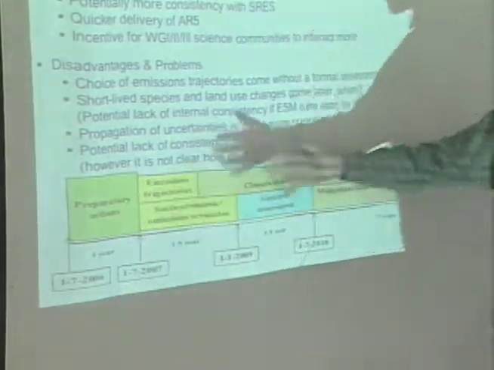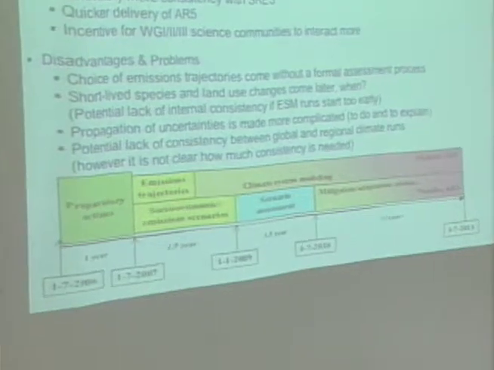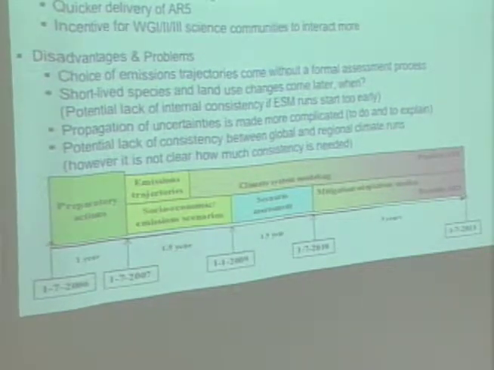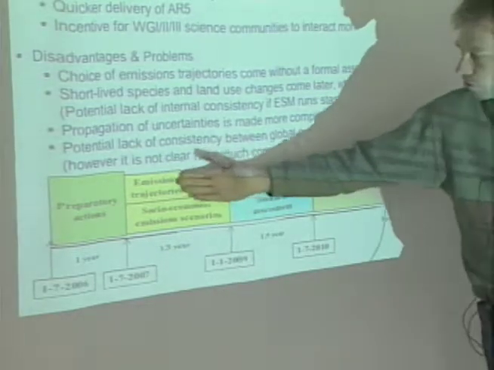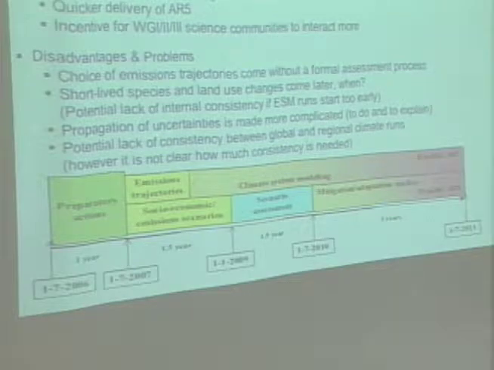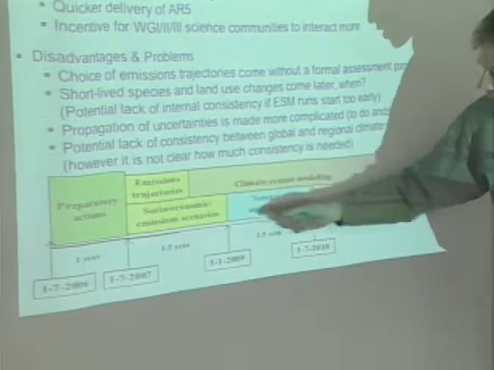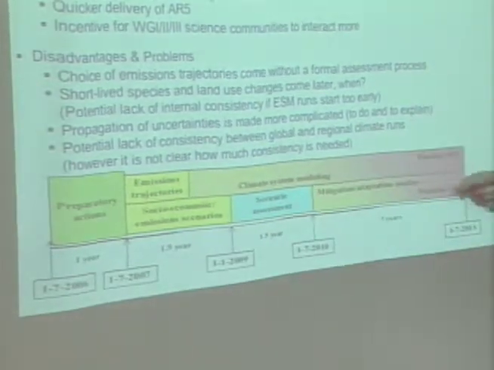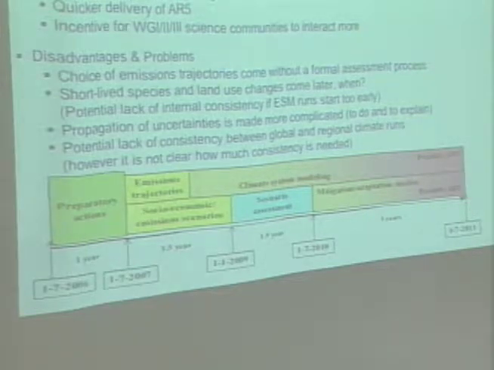Within a year from now, there should be this expert meeting on a technical paper with benchmark emission trajectories, or it might be benchmark concentration trajectories instead. And then working group 1 can do the climate system modeling, and there can be a number of interactions between different working groups as it goes until AR5.